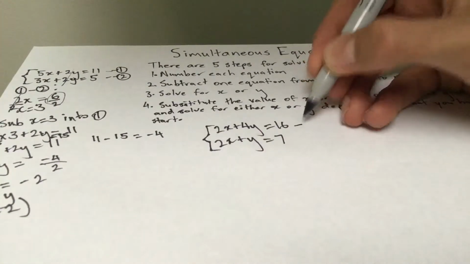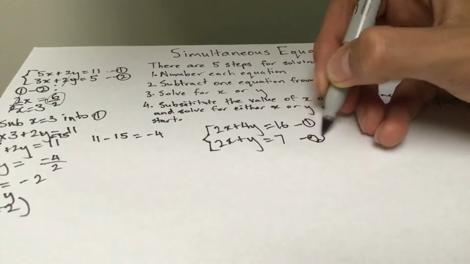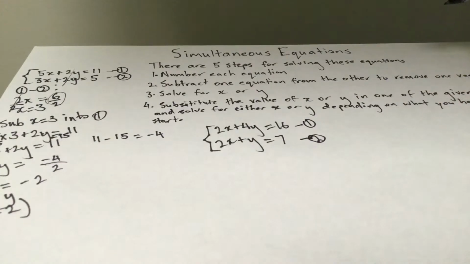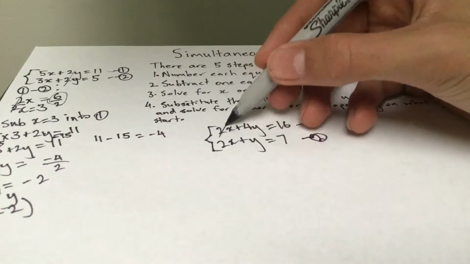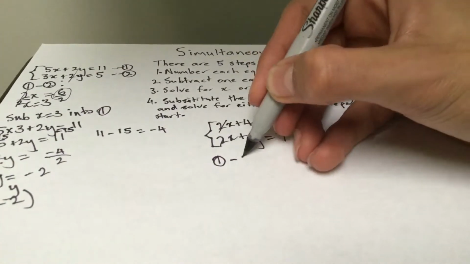So we're going to number this one 1 and the second one 2. The second step is to either subtract or add to remove one variable. In this case, we're going to subtract to remove the x variable. So we're going to go equation 1 minus equation 2.